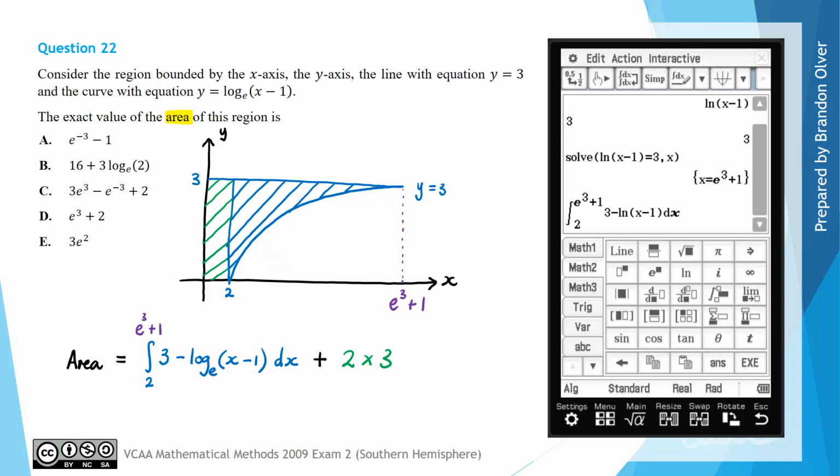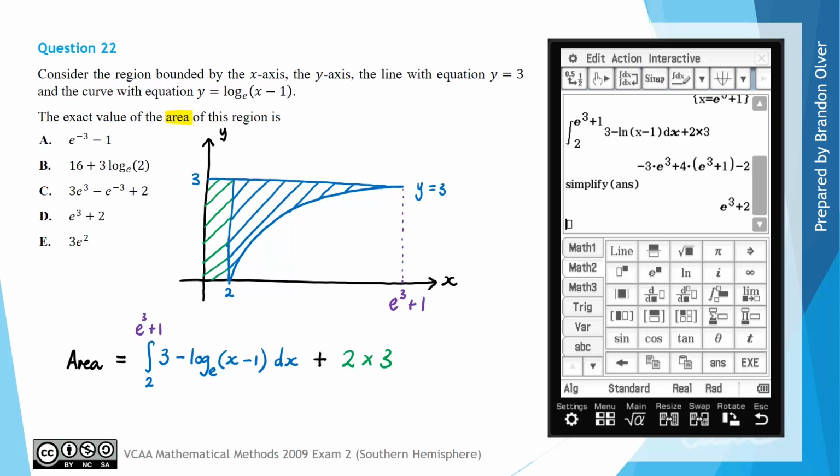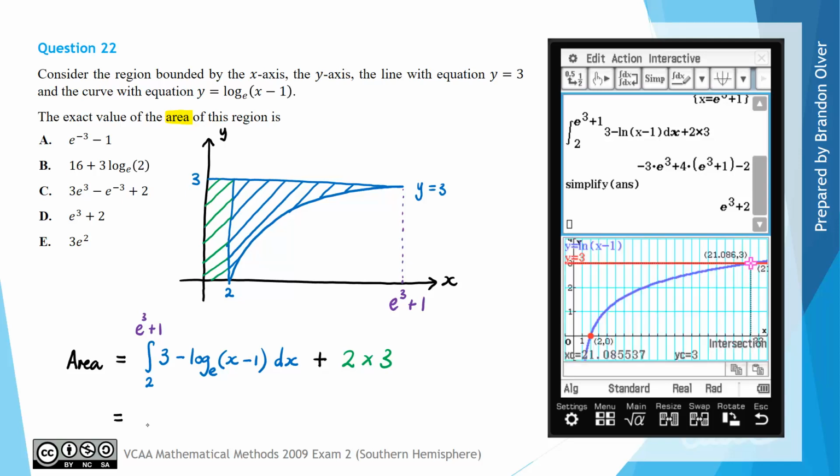And then we can also add on to that the calculation for the area of the rectangle, which is 2 times 3. So hitting execute, this doesn't appear as one of our options, but clicking the simplify button does reveal an answer that's available. So from the calculator, we found that that is simply equal to e to the power of 3 plus 2 when simplified. So that means that D is the correct answer for this question.